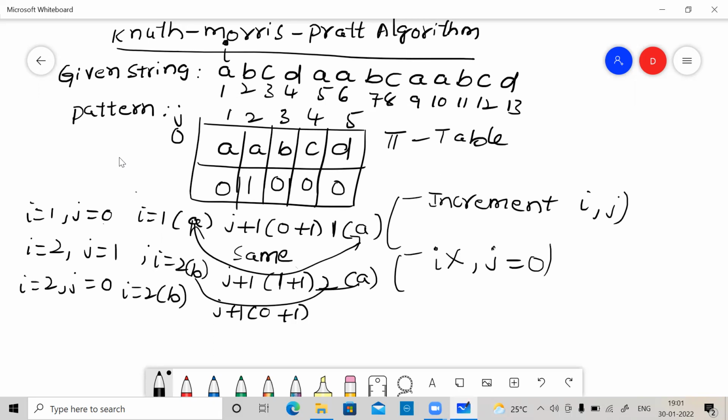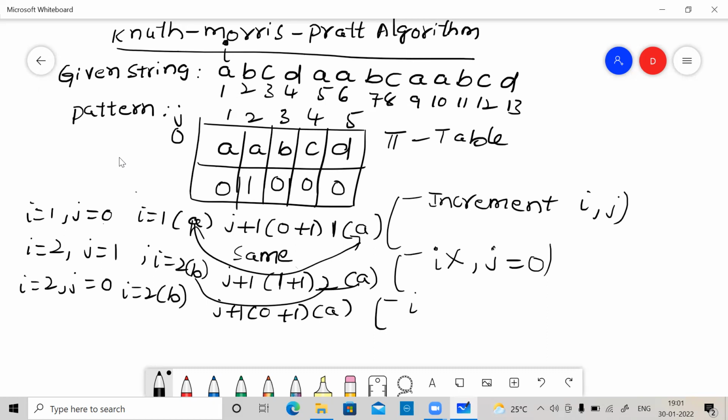At j equal to 0, we consider j plus 1, which gives A, and we don't have lesser values than j equal to 0.